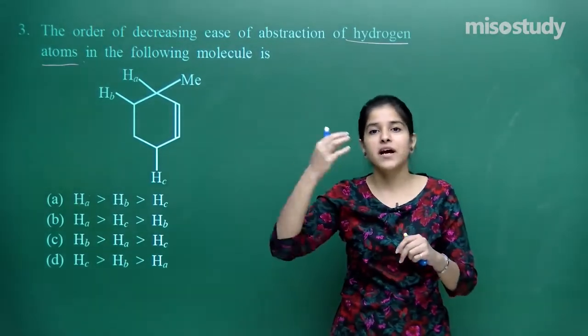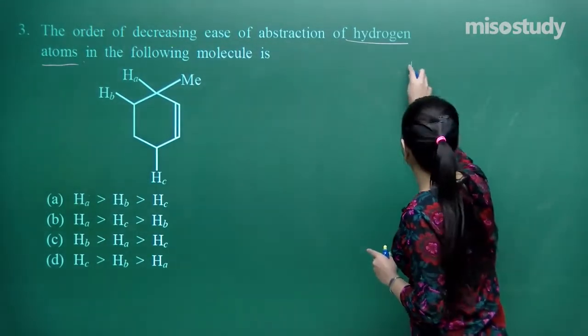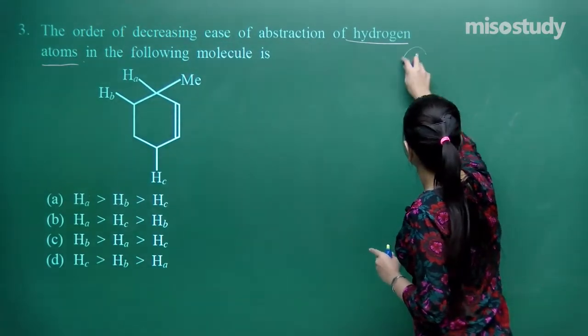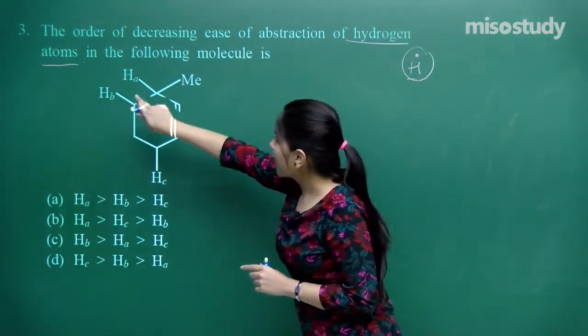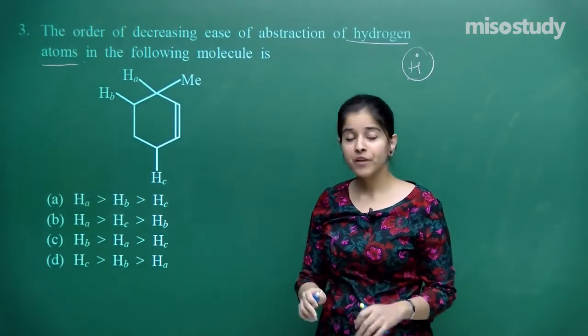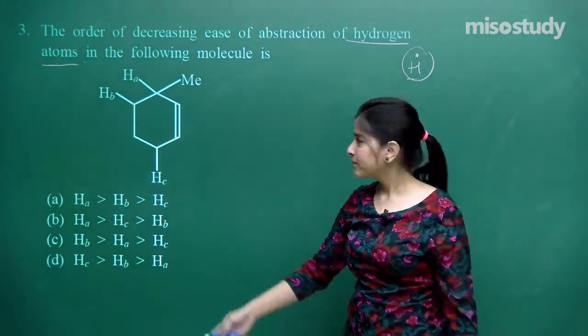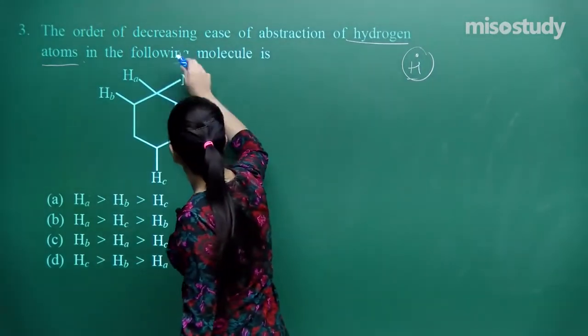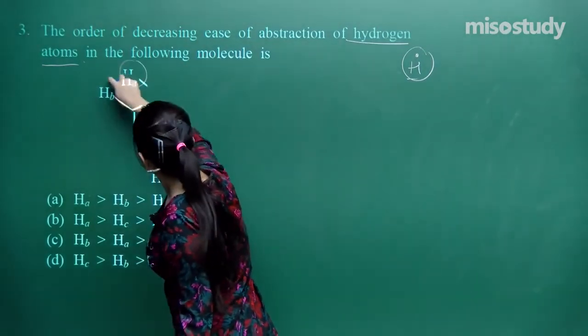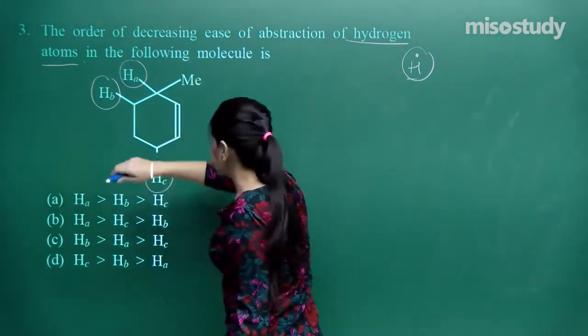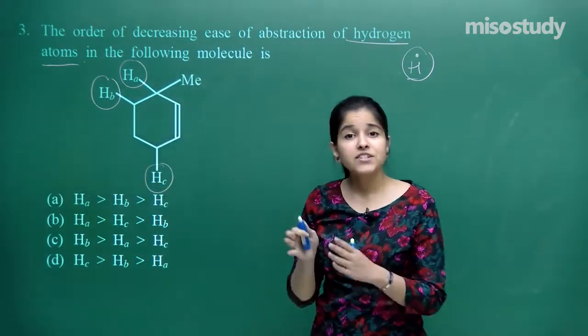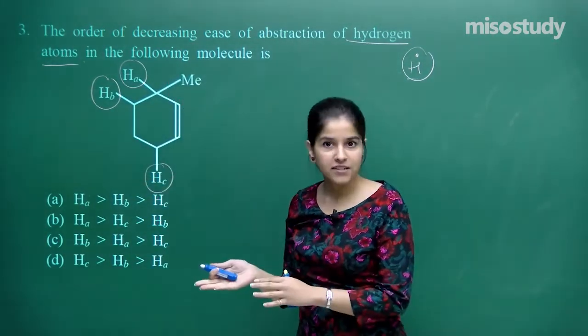So I need to abstract an H free radical, which will actually create a radical. So upon the abstraction, I need to see the stability. That is why we'll consider these 3 hydrogens and each and every case when they leave a free radical.